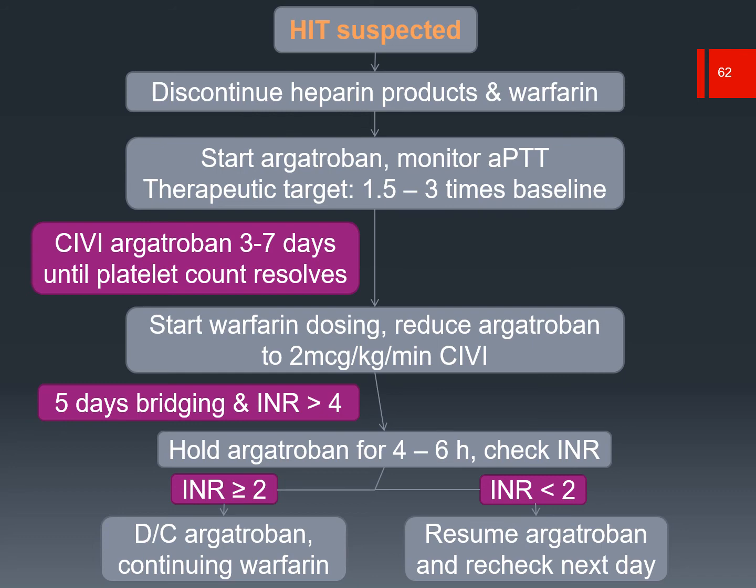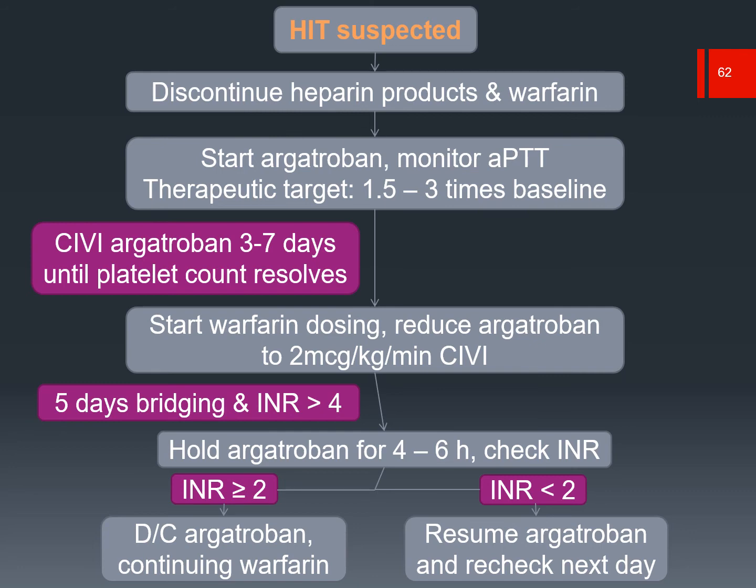So we start the warfarin, and here we have concomitant use of 2 anticoagulants. So we reduce the dose of argatroban, whatever dose they were on before, we reduce it to the minimal dose that we initiated at the beginning. So that's 2 micrograms per kilogram per minute IV infusion with warfarin concomitant at the same time.